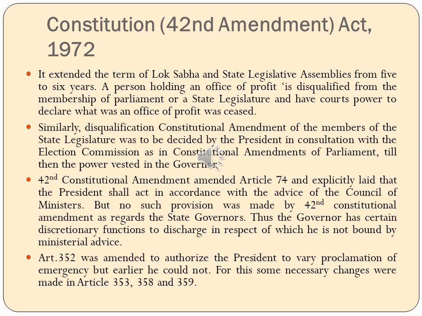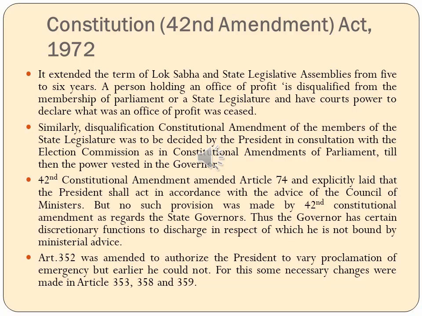The 42nd Constitutional Amendment Act that was passed in the year 1972 extended the term of Lok Sabha and state legislative assemblies from 5 to 6 years. So a person holding an office of profit is disqualified from the membership of the parliament or the state legislature, and the court's power to declare what is an office of profit was ceased.